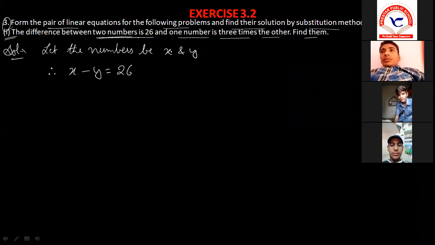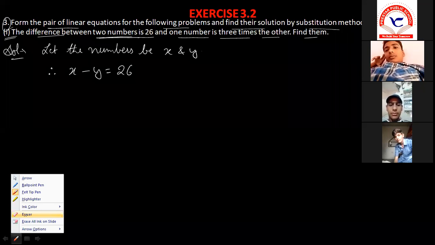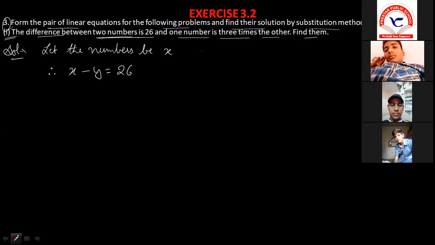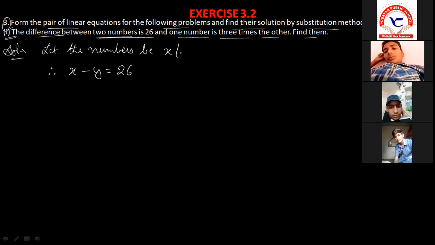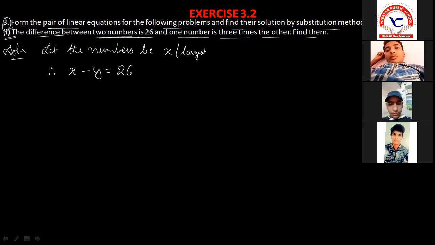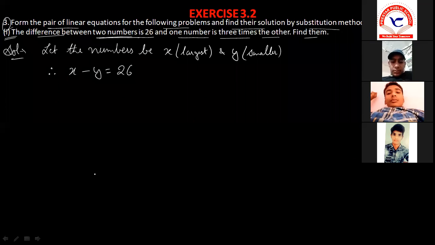Now one more thing you will have to do: when you are taking the numbers x and y, and because you are given the difference is 26, we will also write down which is the greater number we have taken and which is the smaller one. So let the numbers be x, the larger or bigger one, and y the smaller one. So this is your first equation.